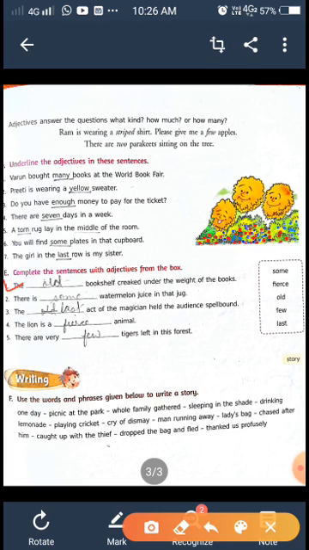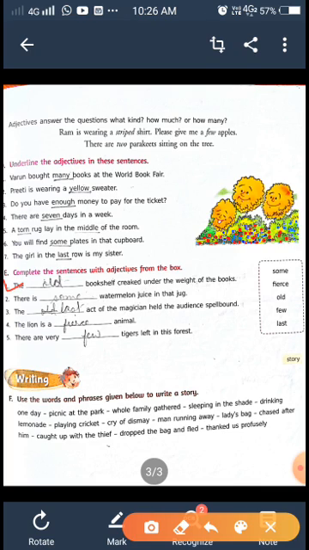Number 2. There is dash watermelon juice in that jug. There is some. Number 2 answer is some. Number 3. The dash act of the magician held the audience spellbound. That is last act.